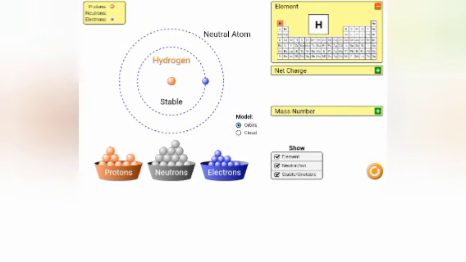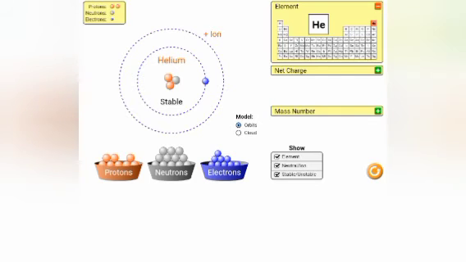So let's move to the second element, which is helium. You can see that helium is unstable. It is unstable because it needs a neutron to make it stable. The two positively charged protons are colliding with each other, so that is why it is not stable. So we need a neutron to stabilize it. Let's add one neutron to it, and you can see it is already stabilized.